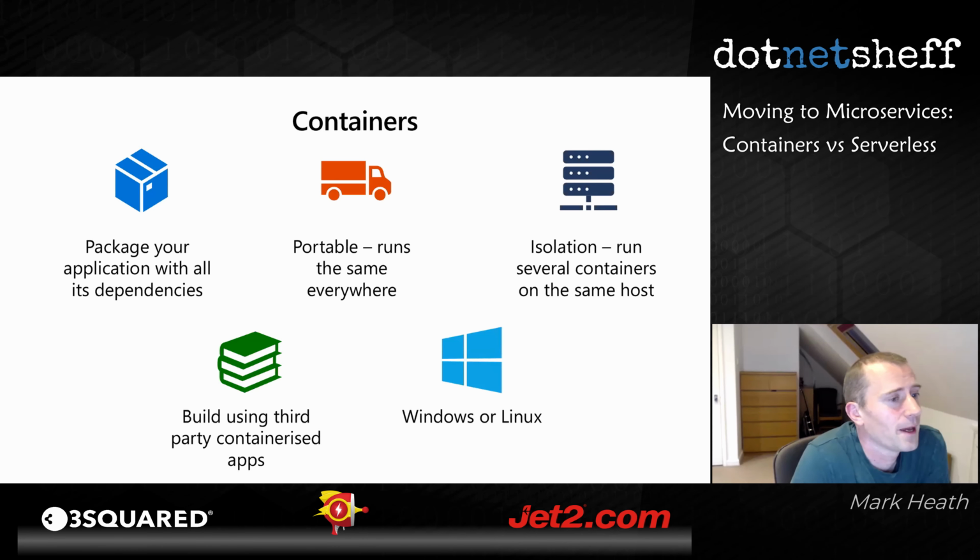And another nice thing, particularly for .NET user groups, is that it's both Windows and Linux. So although containers has the most traction and has been around the longest on Linux, you can create Windows containers and run containers on Windows. And that's relevant for any of you who are still using the classic .NET 4.7.2 or earlier frameworks. I don't know how many of you are still using that. We certainly are.